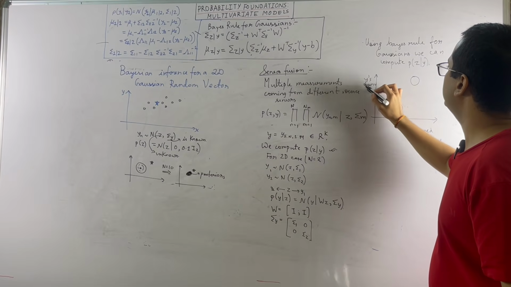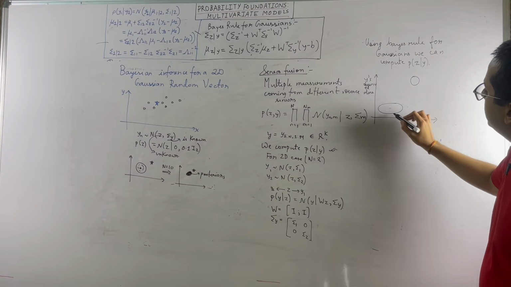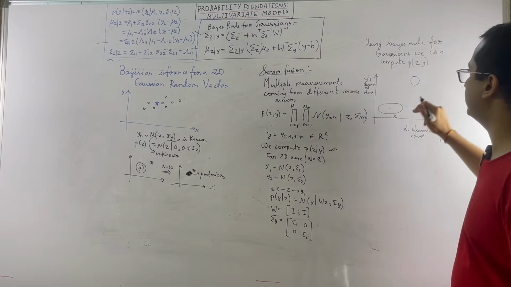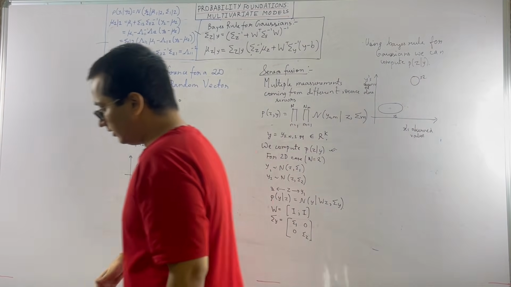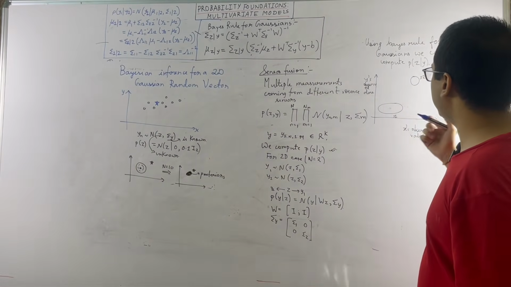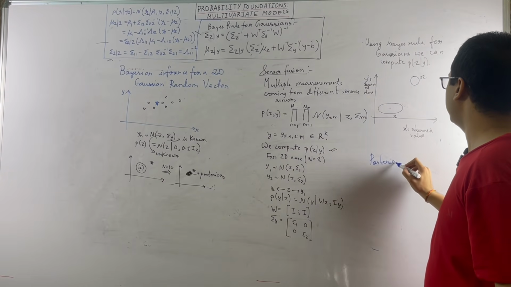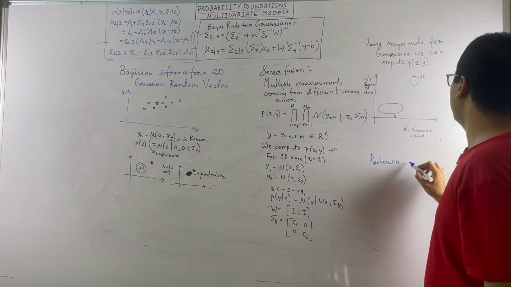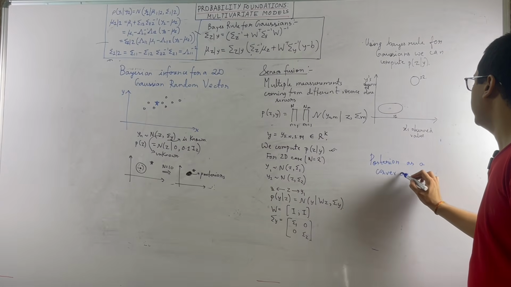You see, this is, let's say, sensor 1, and sensor 1 is big. That means it has very high variance, right? And this has lower variance. So when you recall that equation, the posterior settles as a convex combination of the prior and the likelihood.